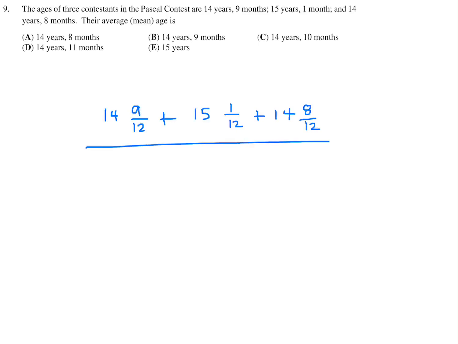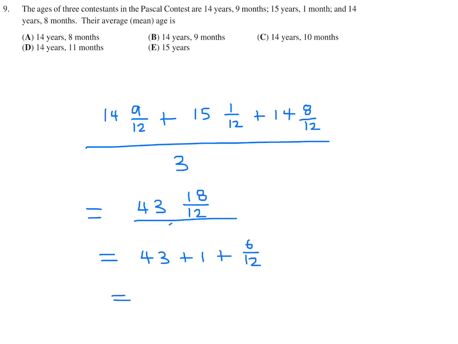Similarly, 15 and 1/12, and 14 and 8/12, right? Because there's 12 months in a year. And then divide by 3. So first thing, add up the whole numbers. So 14, 14, and 15 would give you 43, and then add the fractions. So 9 plus 1 plus 8 is 18. So this looks like 43 plus 1 plus 6 over 12.